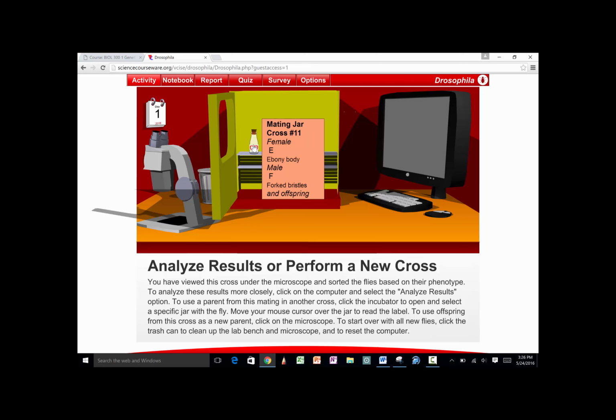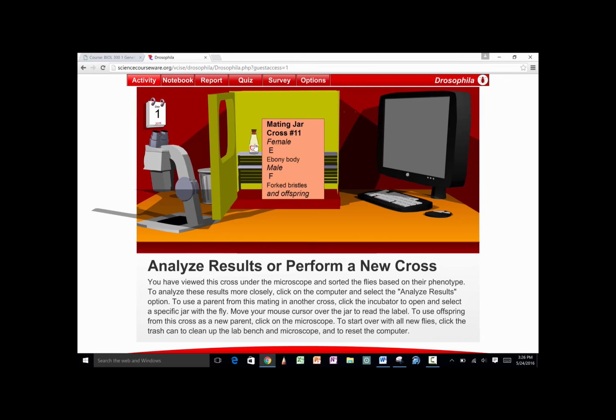Ebony is just an autosomal recessive, so this male is wild type for ebony. For the ebony gene, we're just crossing ebony to wild type. That's going to give us all wild type. For forked, the female is wild type for forked. The male is forked. We mate them, and they're going to be all wild type. That's what we saw in the last generation.